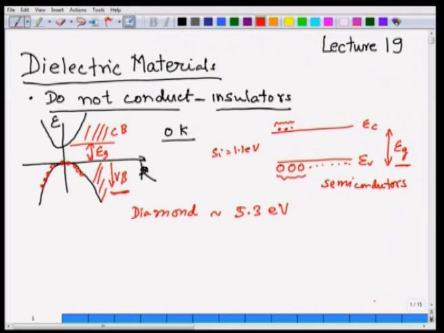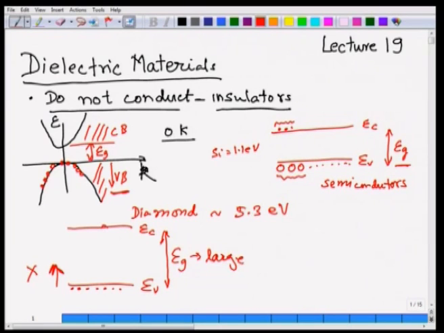Let's draw it like this: this is Ec, this is Ev, and a large band gap Eg. Then the electrons which are here are not going to be able to jump up here. This jump will be very difficult, and hence again these materials will not conduct, and these will be insulators.